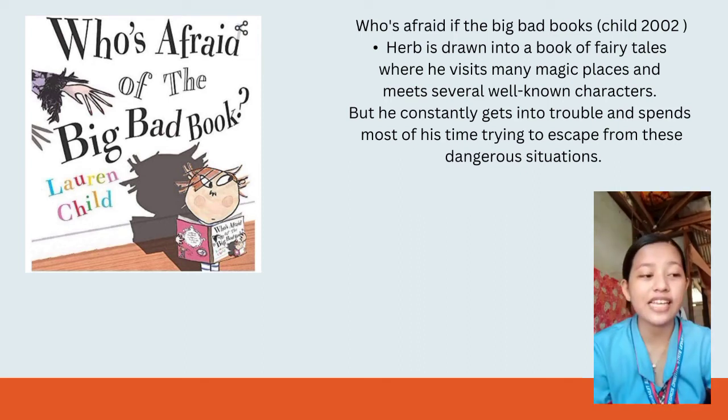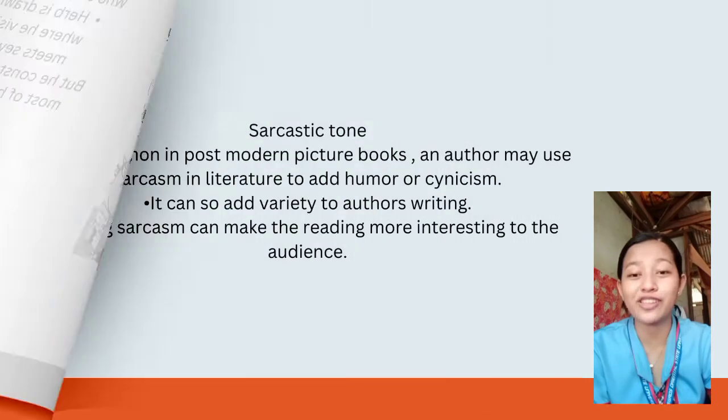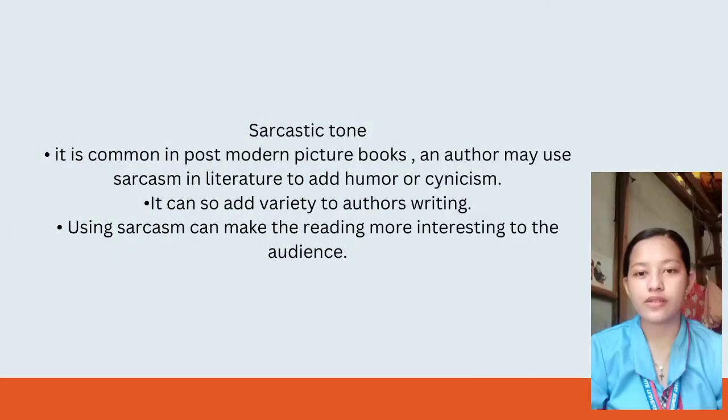But he constantly gets into trouble and spends most of his time trying to escape from these dangerous situations. So the main character of this book, Herb, travels to different places or different stories, and in each story he experiences dangerous situations.